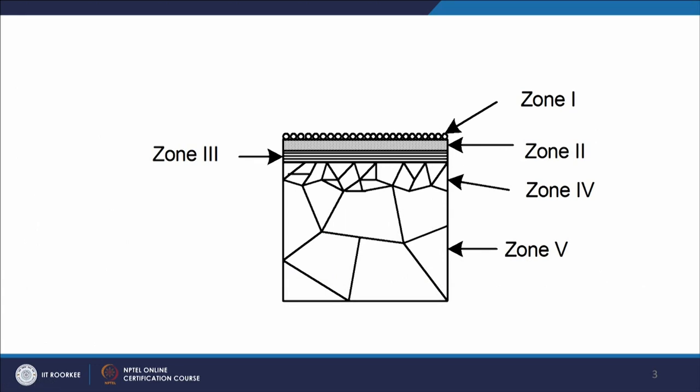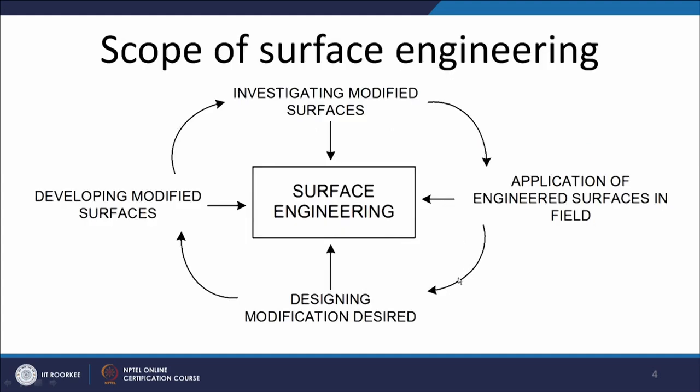In ion implantation, this diagram shows the 5 different zones. The top zone is absorbed gases and moisture, the second zone is oxide, the third zone is the deformed layer, the fourth zone is the deformed microstructure, and the fifth is the unaffected base metal.